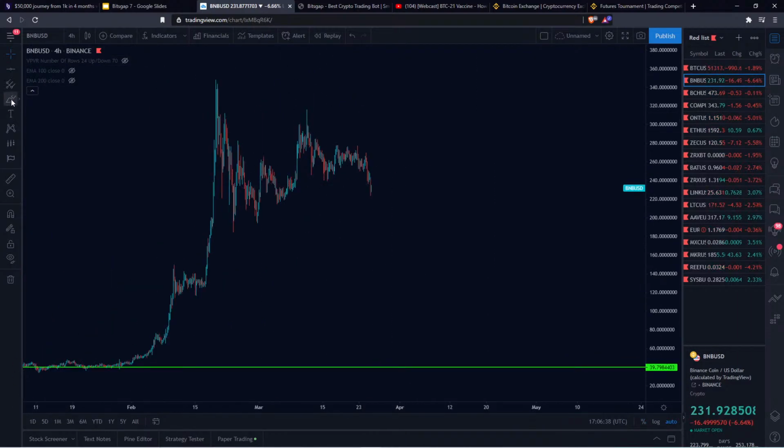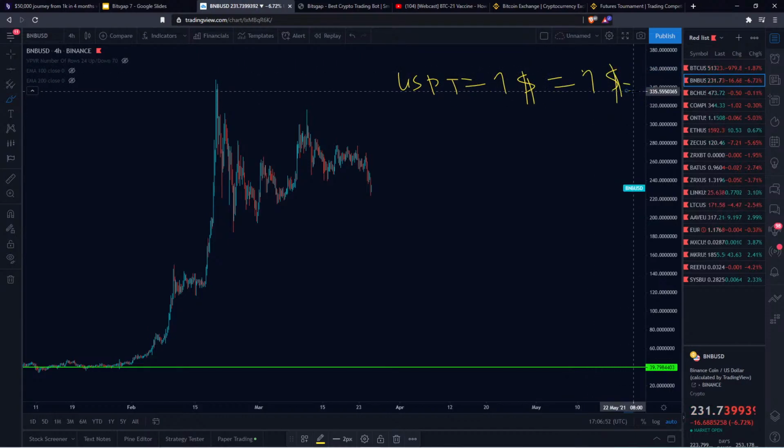Here you accumulate returns once again in the quote currency, that's the USD, and you know that the price of USDT is $1, and that tomorrow it's going to be $1 as well, and the day after tomorrow most likely it's going to be $1. So the returns that you accumulate on this cryptocurrency pair are no longer affected in the future, whereas you are only affected by the price of BNB.